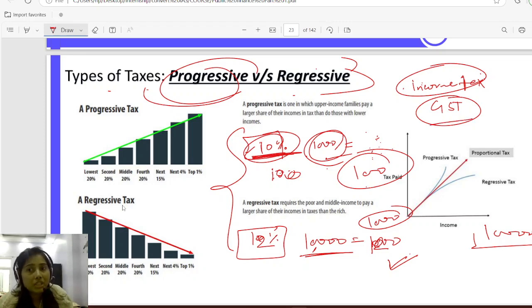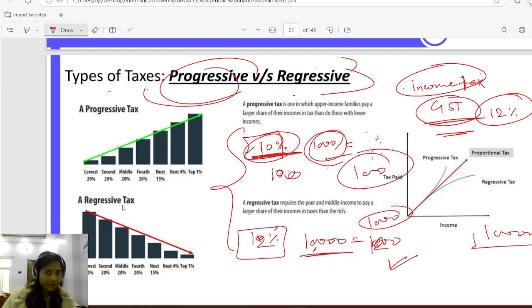Okay. In the case of GST, for example, I don't know exactly the amount of tax charged, but probably 12% is charged on sanitary pads. A woman who is earning 1.5 lakh a month can afford sanitary pads at that rate.